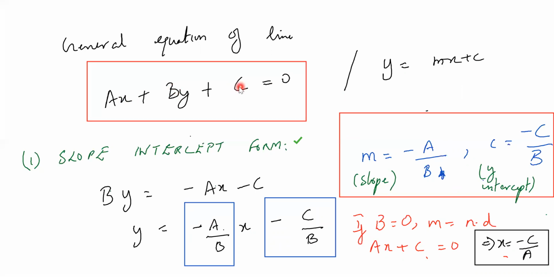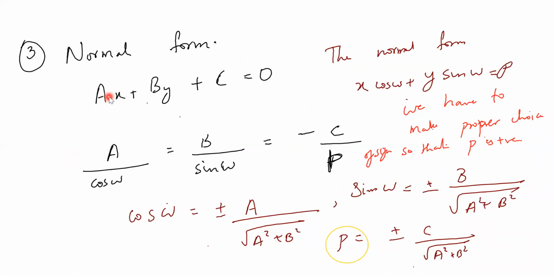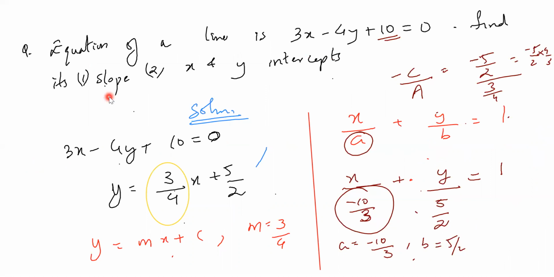Correct. So C value, what is my A? A is nothing but the coefficient of X. So in this question, what is the coefficient of X here? Leave out everything. Go to this question. Y is 0. So what is X?